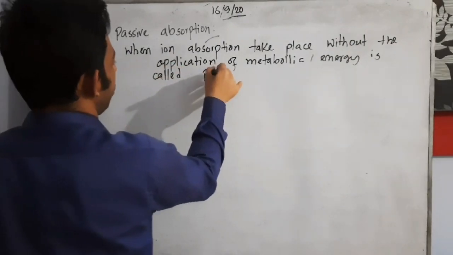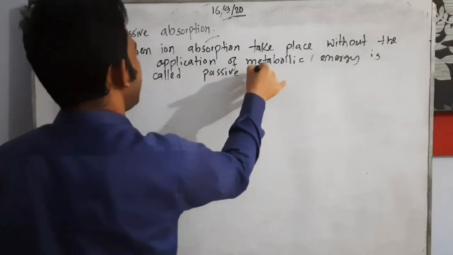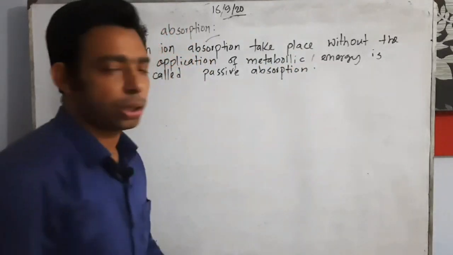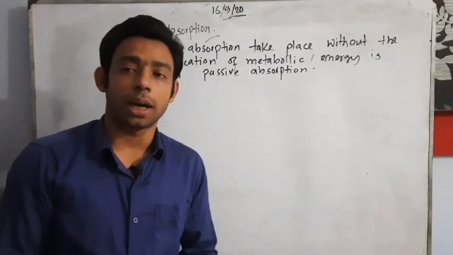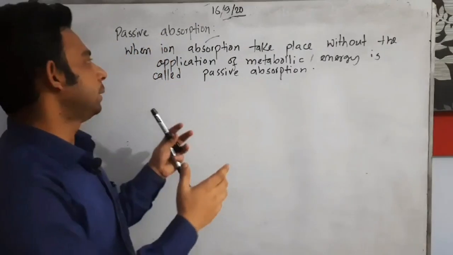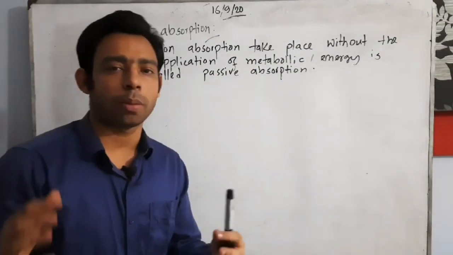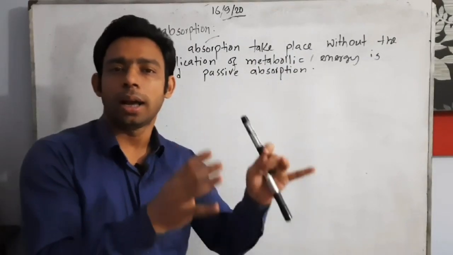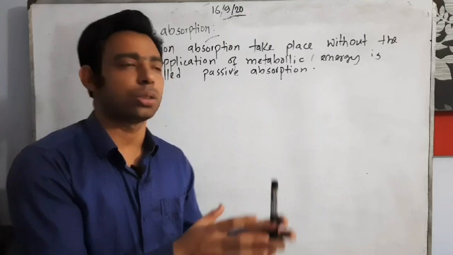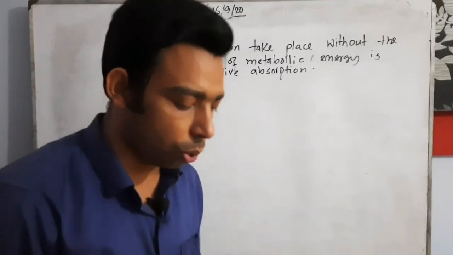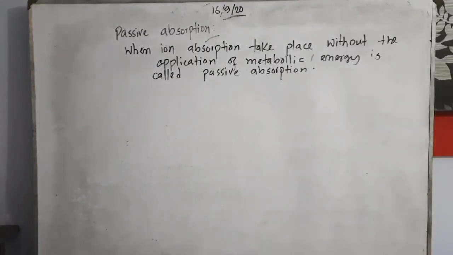If it asks for the definition of passive absorption, you can give the answer this way: when ion absorption takes place without the application of metabolic energy, that means where there is no need of metabolic energy, it is called passive absorption. We will try to understand some important points from there.